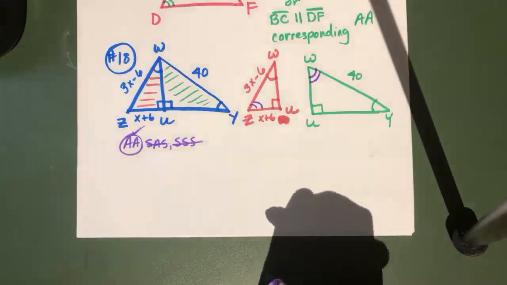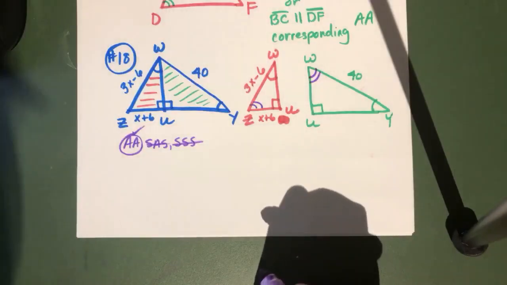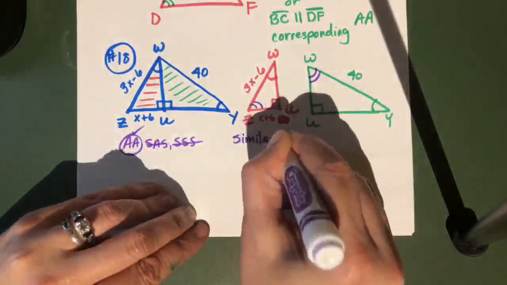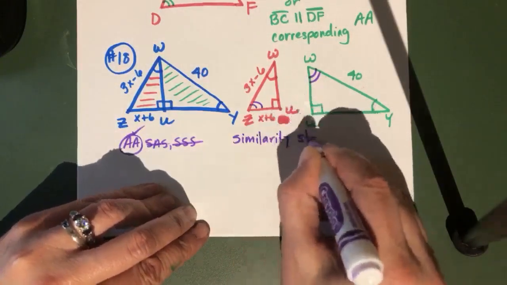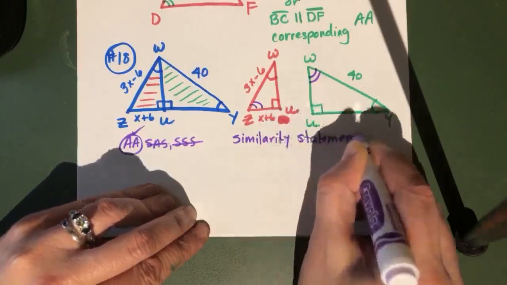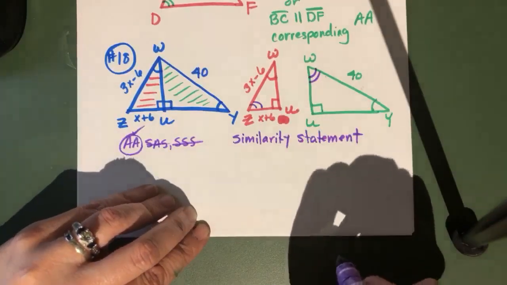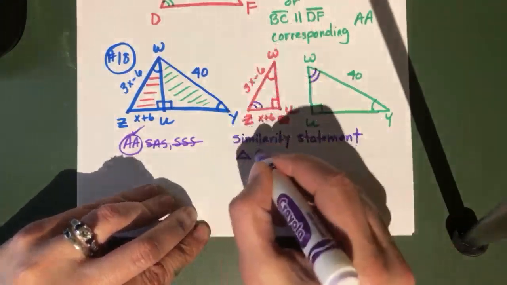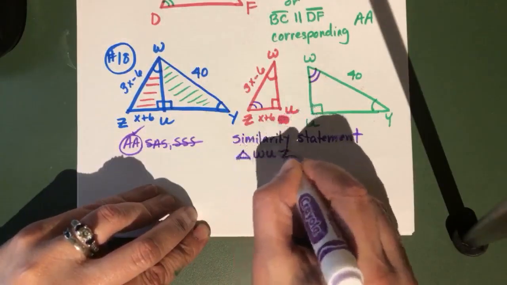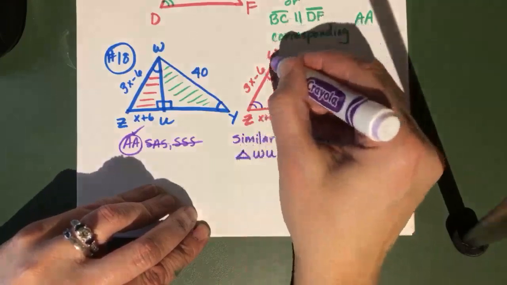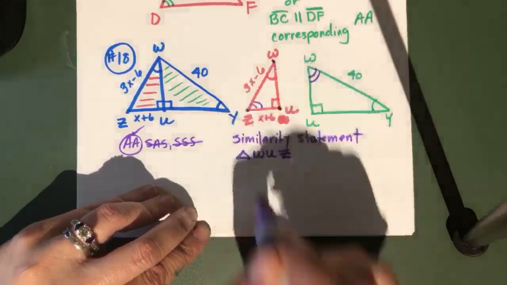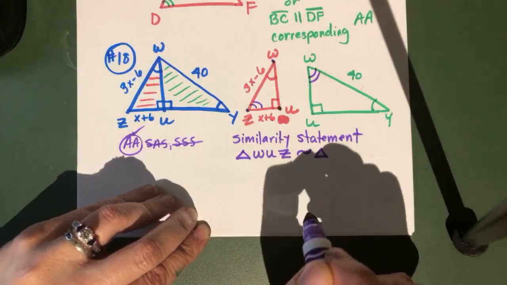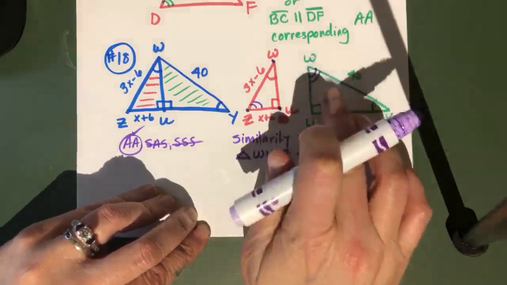So I'm going to identify the similar triangles first. I'm going to write my similarity statement. This is my similarity statement, okay? I'm going to call the first triangle WUZ. WUZ is similar, or the same shape, as what configuration here?